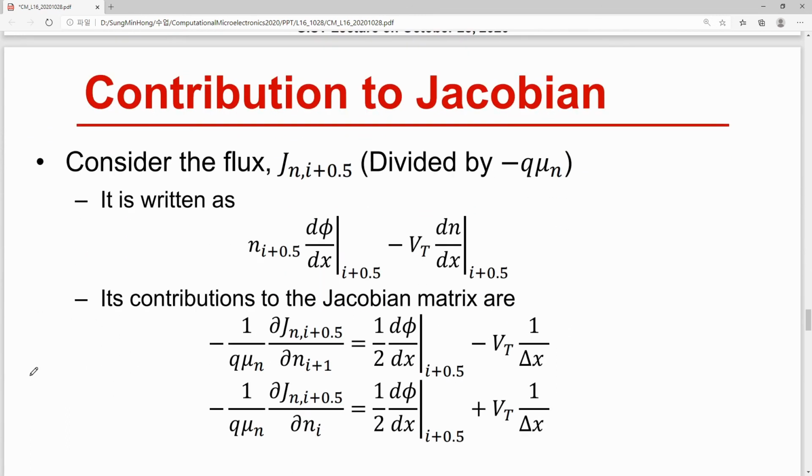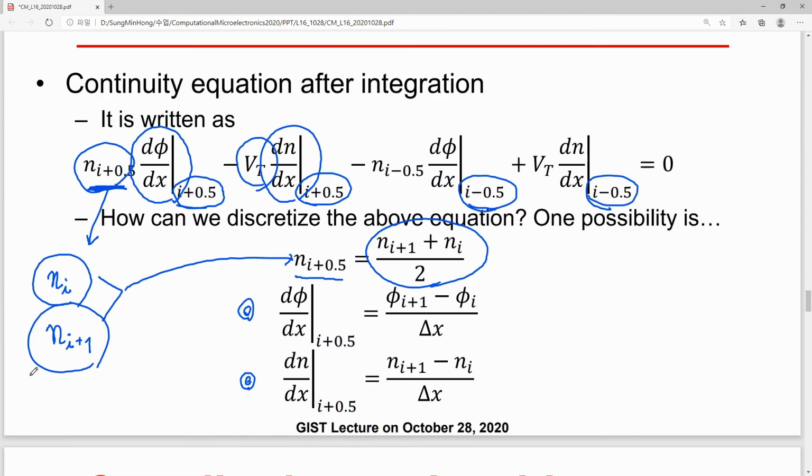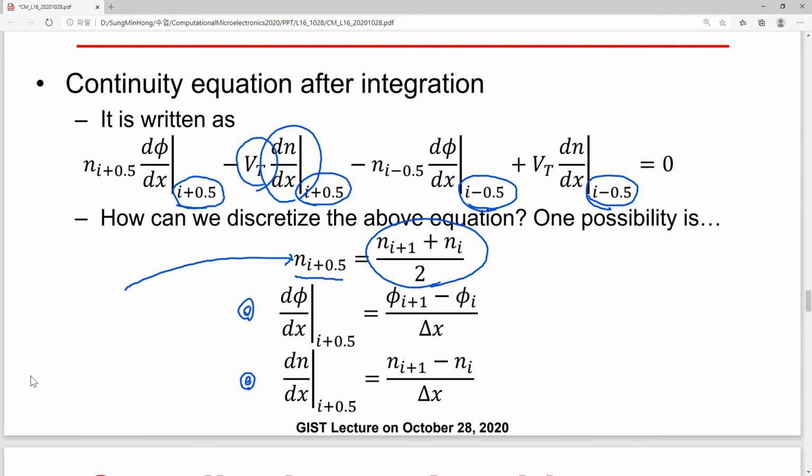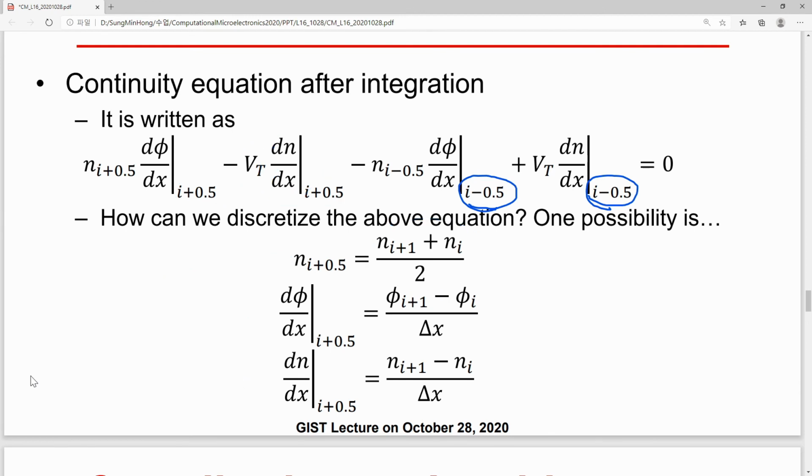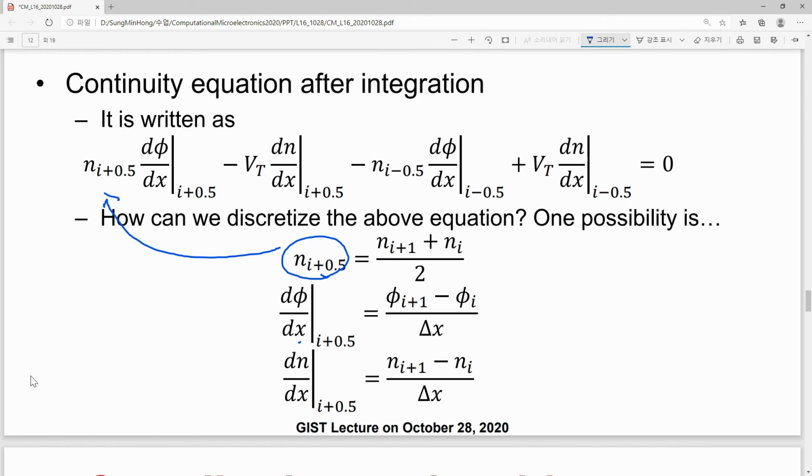Now your expression can be really well calculated. Just apply all of these expressions here, and here, and here.